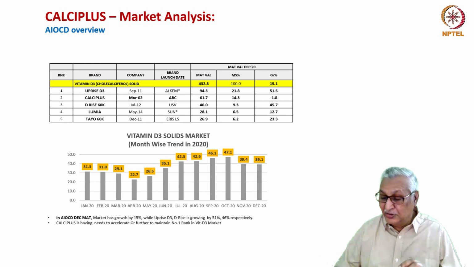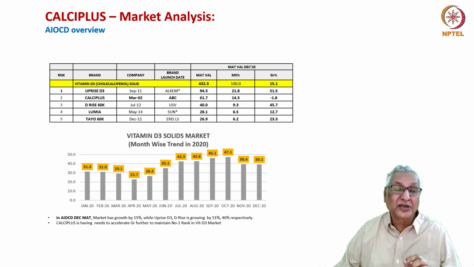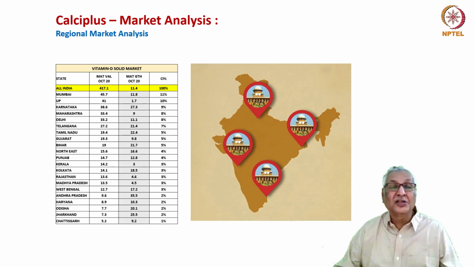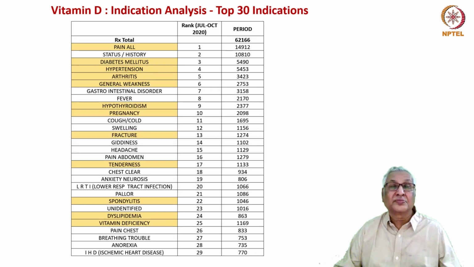And this is a drill down study that needs to be done to make sure that the product is effectively planned for. Then you do a regional market analysis, which region is contributing to the marketing and sales in terms of volumes and in terms of financials. And depending on the regional strengths and also your company's regional strengths, you will plan a good product market fit.